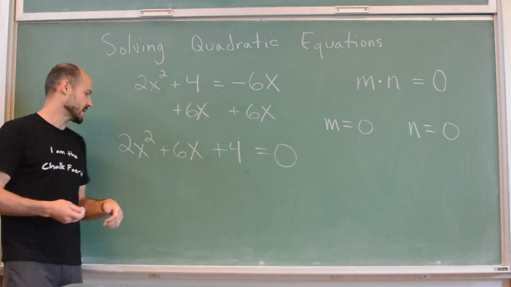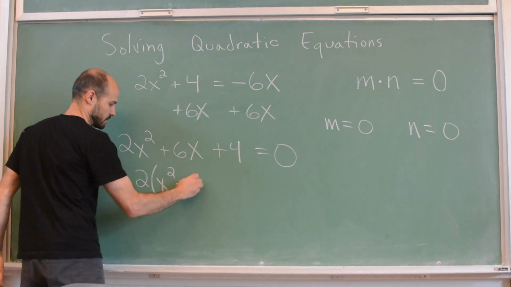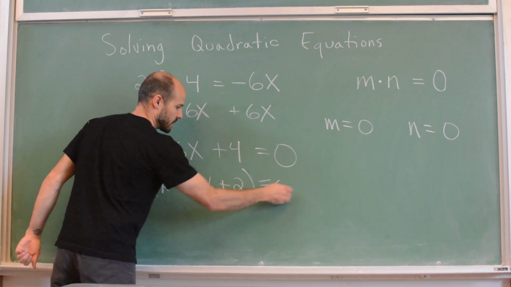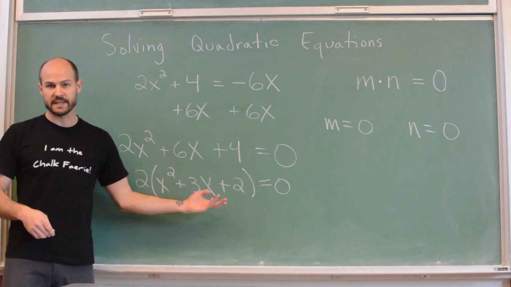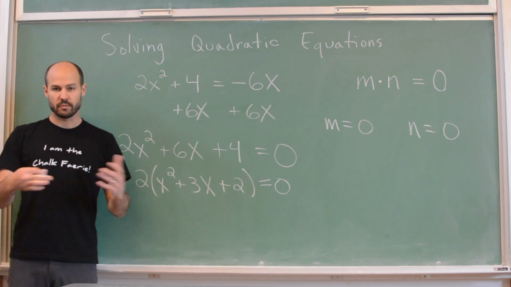Step 1, GCF. Step 2, look inside. We have a quadratic trinomial. A is equal to 1. We'll use the trick.